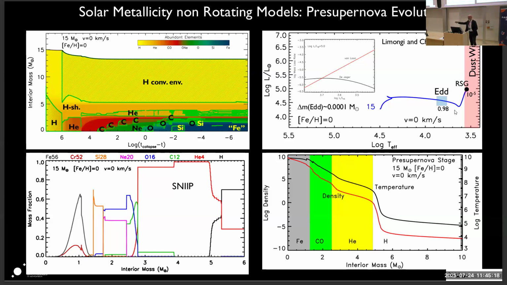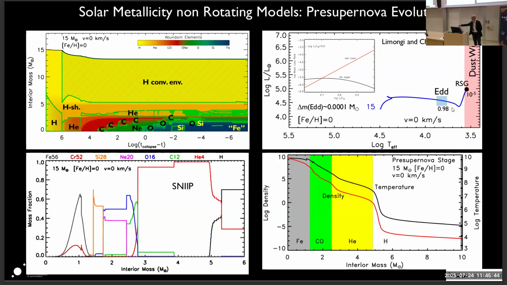This panel here shows the evolution of the star in the HR diagram, so the surface evolution of the star. And what is important to note is that when the star becomes a red supergiant, it enters a phase of very strong mass loss due to the formation of dust, the so-called dust-driven wind, where the mass loss increases even by 1 order of magnitude.